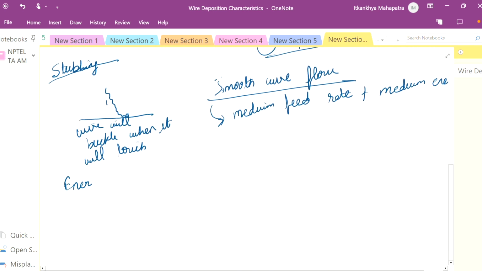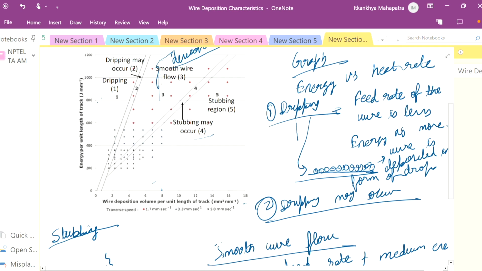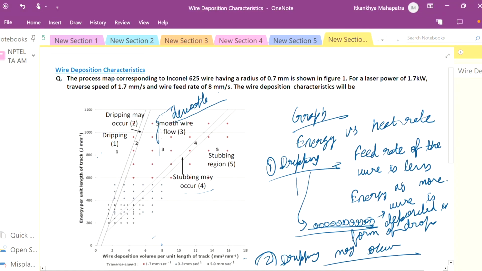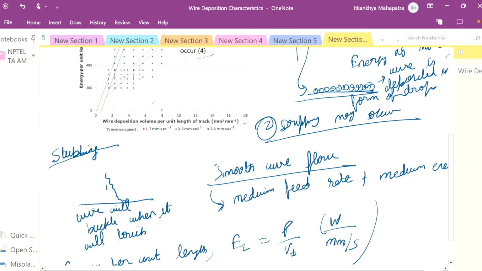Here you will first calculate the energy per unit length. We have discussed this previously: power by feed rate. This will be in watt, and this in millimeter per second. Just put in these values: power is 1.7 kilowatt and the speed 1.7 as given.